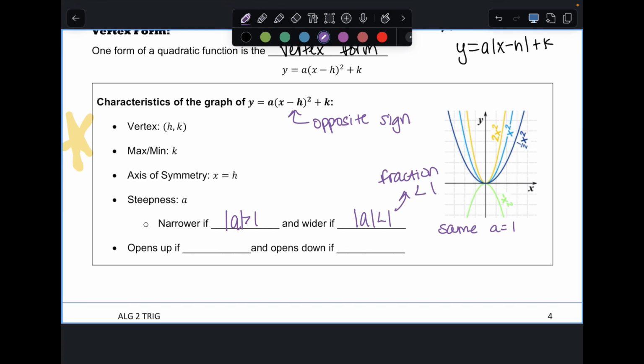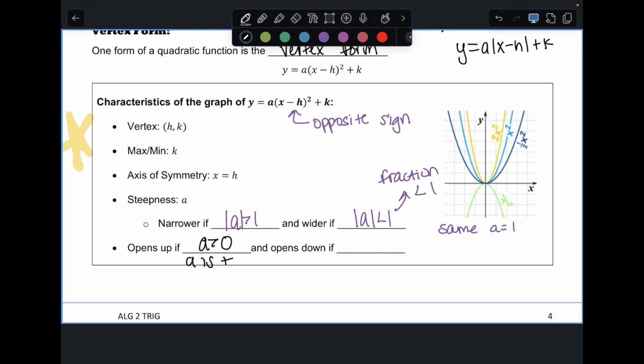Also, same vibe as absolute value is when we flip our graph over the x-axis or not. If we look at green and blue, those are the same graph, just flipped. How do those equations compare? What changed? We have a negative sign out front. So it's going to open up if A is positive, if it's greater than 0.